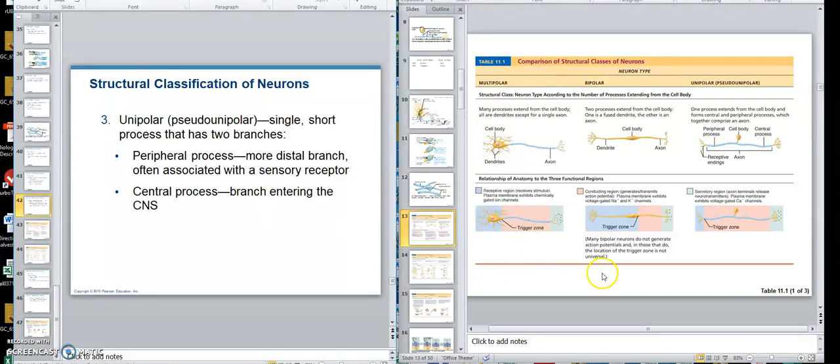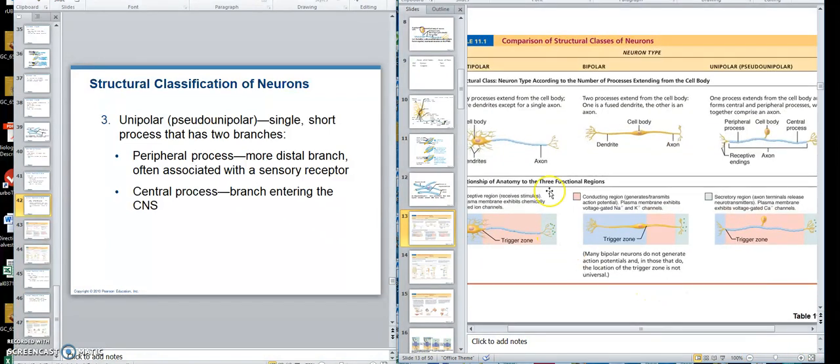So right here, you can see in this particular drawing down here, let's just blow that up a little bit. You can see the trigger zone right here. The trigger zone is where you do the action potentials. Remember, you don't do action potentials back here. That's graded potentials. So if you can get a signal started here, then that's the trigger. So this is the axon.